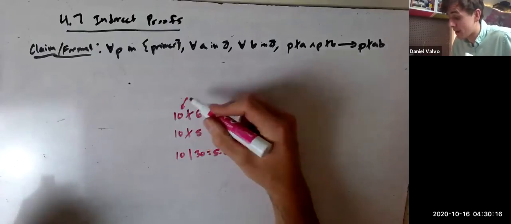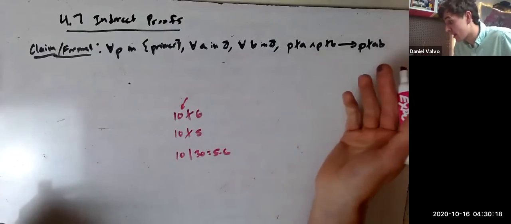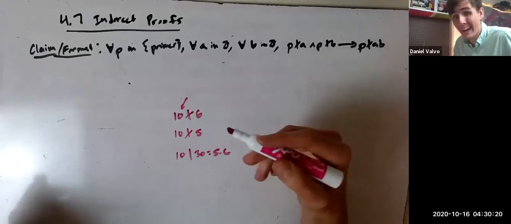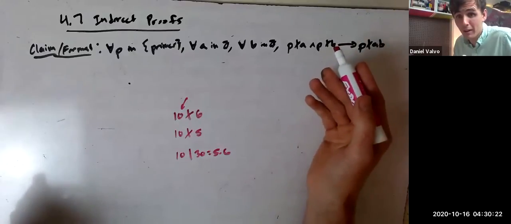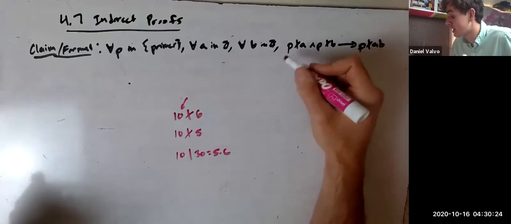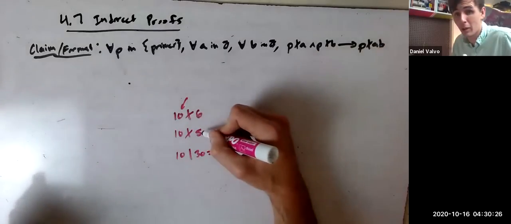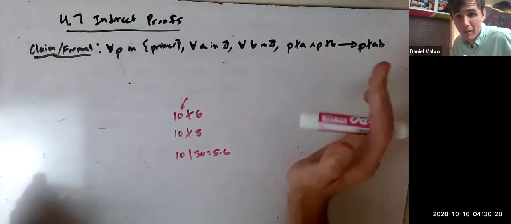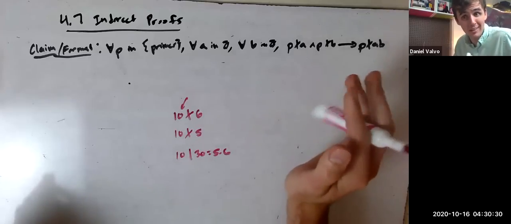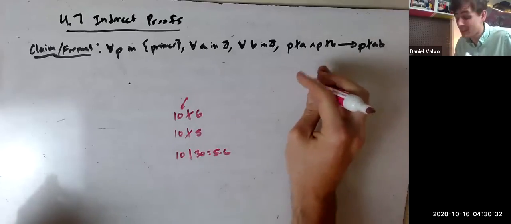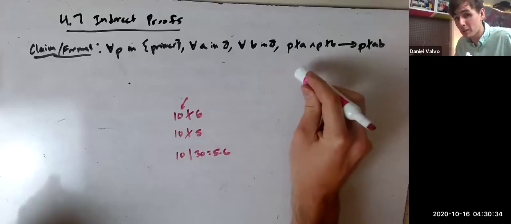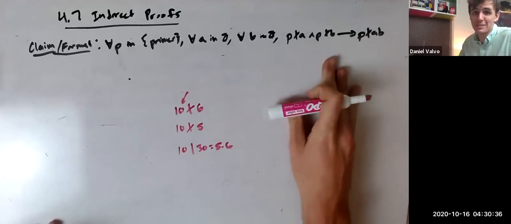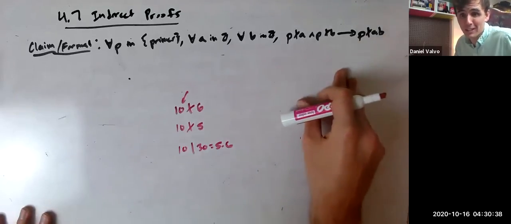But 10's not prime. What I'm saying is that for any prime number, if P doesn't divide the first one and P doesn't divide the second one, it won't divide the product. That's interesting. And this sounds benign, but it's actually one of the fundamental parts of primes and is used in a bunch of high-level math, abstract algebra.